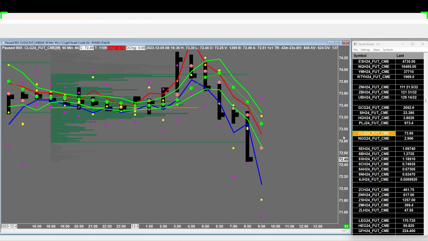Okay, so what you can see here is as we're breaking lower, right? So we're pounding through the lower end of the value area. We're breaking lower. The question you're going to be asking yourselves is, is this going to break out into a trend to the downside, or are we going to stay in this wild, volatile congestion area?